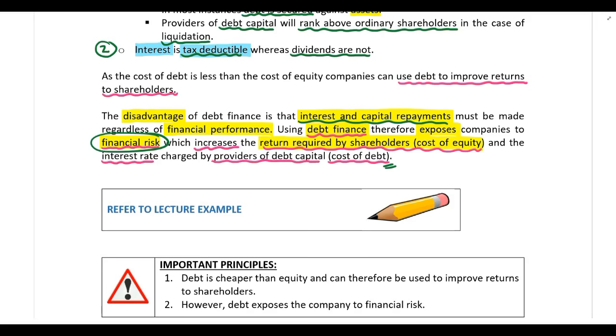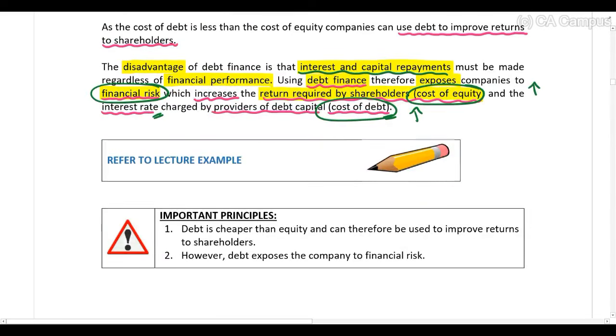So if the company is more risky because of financial risk, banks are going to charge higher interest rates. So it doesn't just affect the cost of equity. Financial risk doesn't only make the cost of equity increase, it also causes the cost of debt to increase because banks perceive the company to be more risky and they then charge a higher interest rate on the loan.